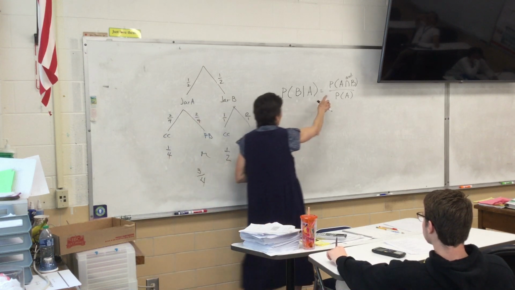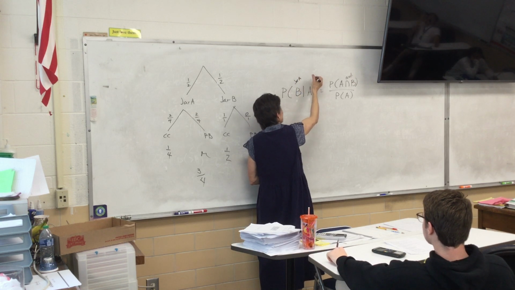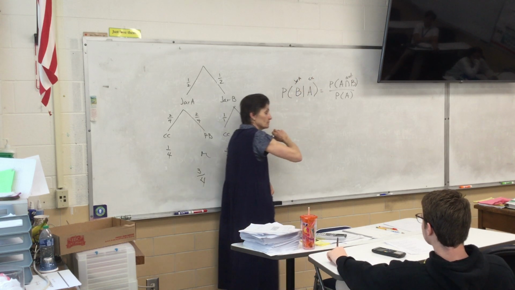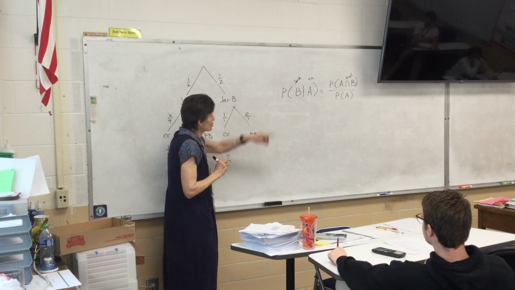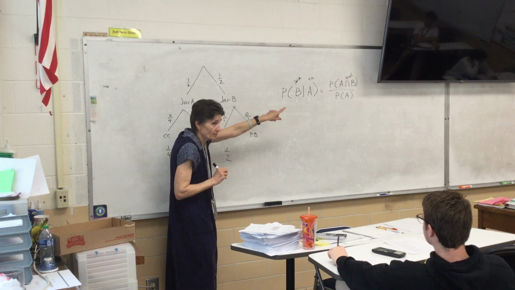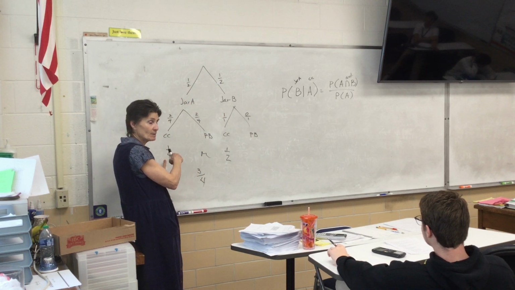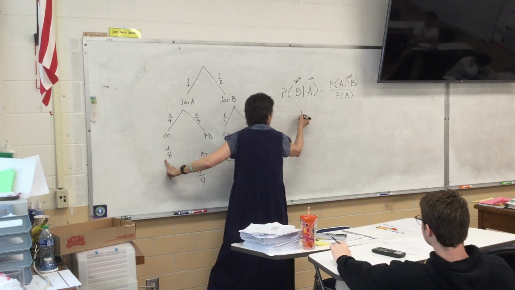This is, for us, what's the probability it came from jar A, given it was chocolate chip? So, jar A and chocolate chip. Isn't that right here? So 1/4 is my numerator.